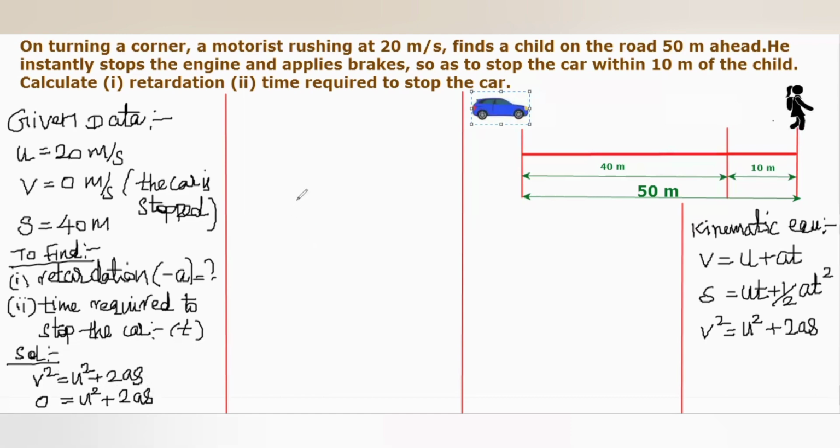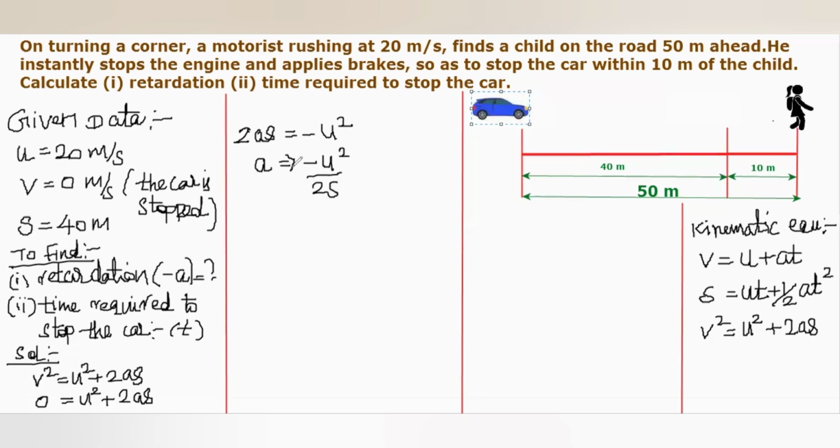We can rearrange this equation as 2AS equal to minus U square. And then acceleration, A equal minus U square divided by 2S.